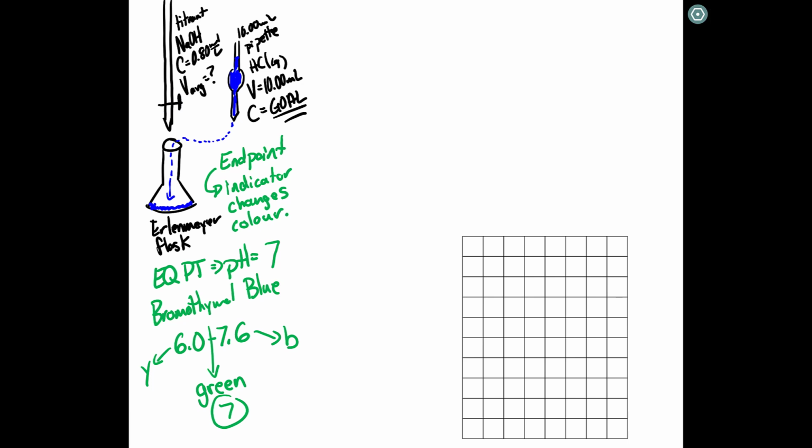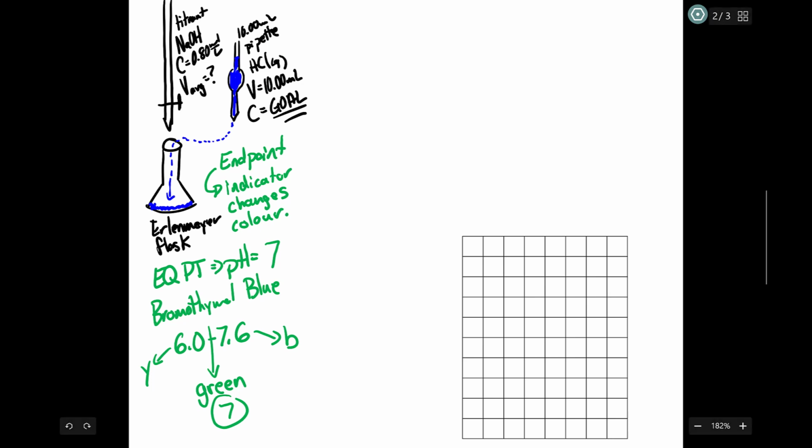Because now I know that I'm at my equivalence point. That's how I know my reaction is over. Then I record the final volume, I take the difference of the two, and that's the volume required to neutralize the titrant, or you can talk about it the other way. That's the amount of volume it took to neutralize the hydrochloric acid.